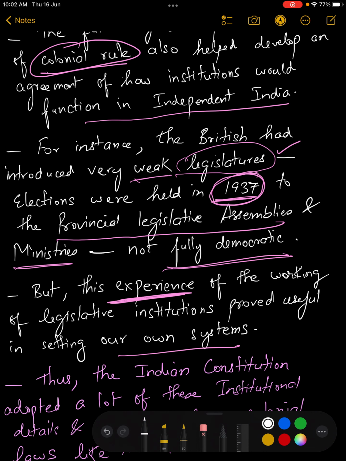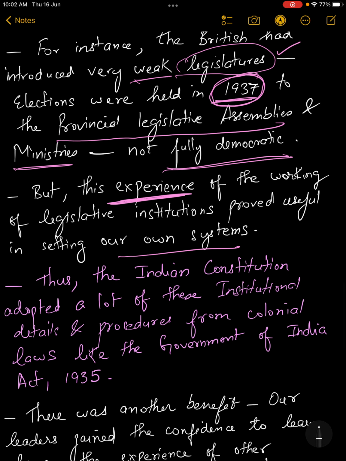So, as I have mentioned over here, the Indian Constitution adopted a lot of these institutional details and procedures. Like, legislative assembly is an institution, parliament is an institution, the office of the president is an institution, office of the prime minister is an institution, police system in India is an institution, bureaucracy is an institution, जो तुम्हारे IAS ऑफिसर ये सब हैं. ठीक है, मेरी बात समझ आ रही है?